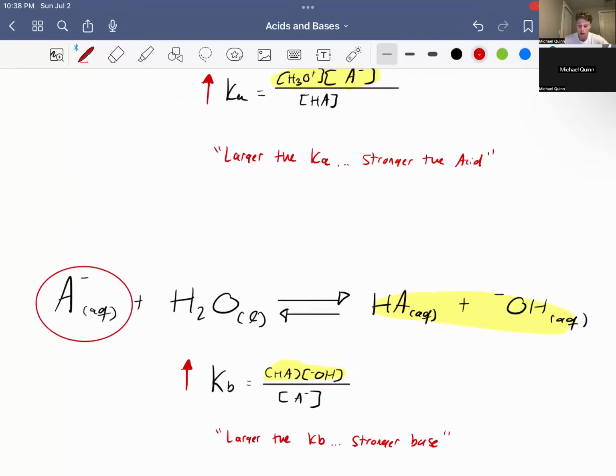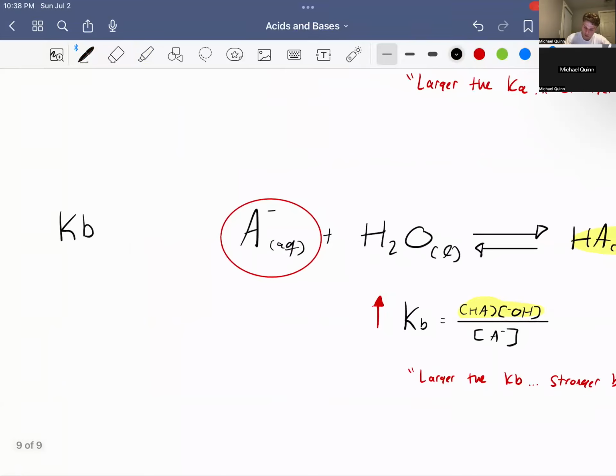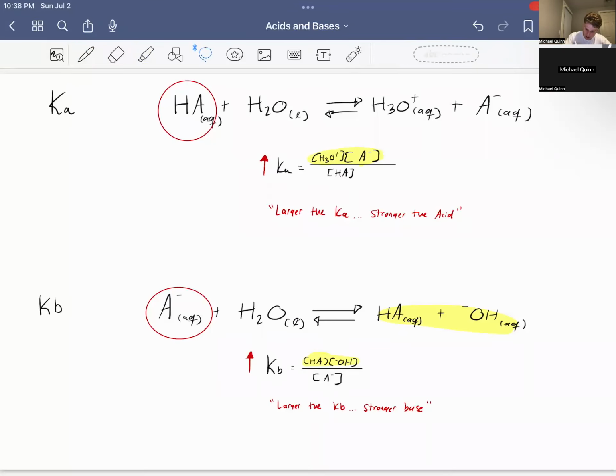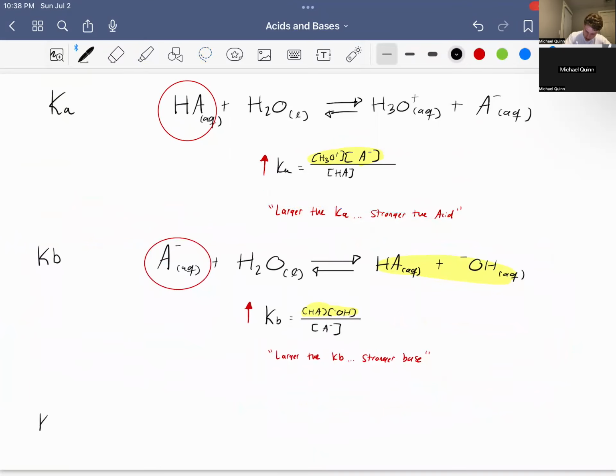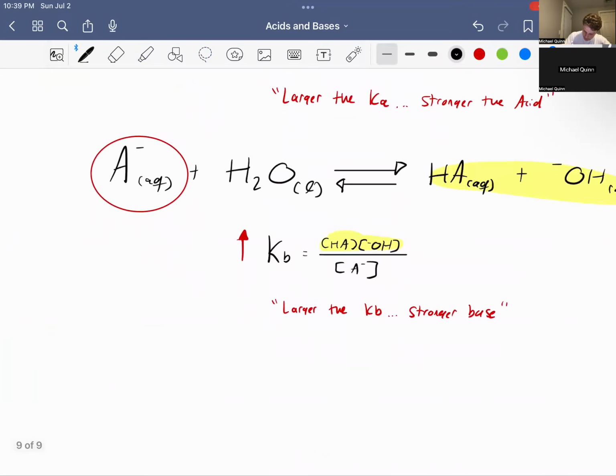So the last one, which is Kw: H2O plus H2O, this is going to be H3O+ and OH-.